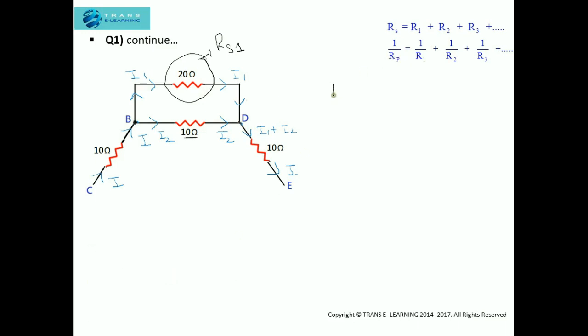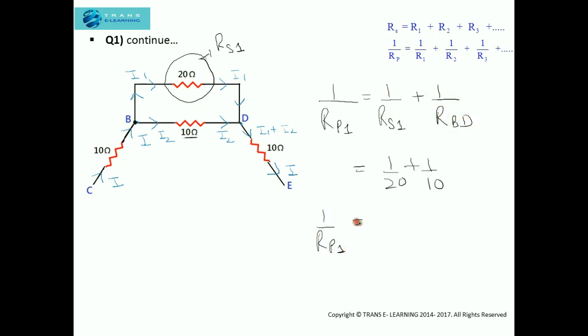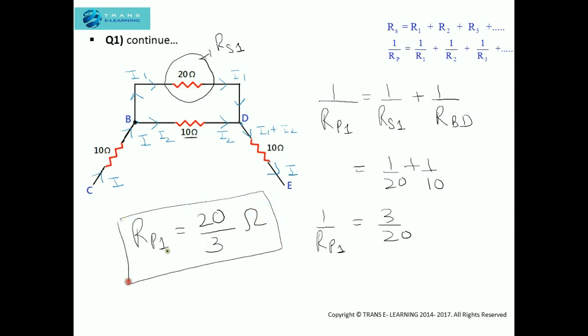So this will be equal to RP1, the resistance across the parallel combination, which is the reciprocal of RS1 that we have calculated plus the reciprocal of the resistance across BD. On solving, we will get 3 upon 20, and on taking the reciprocal, we will get 20 upon 3 ohm. So the equivalent resistance of this parallel combination comes out to be 20 upon 3 ohm.